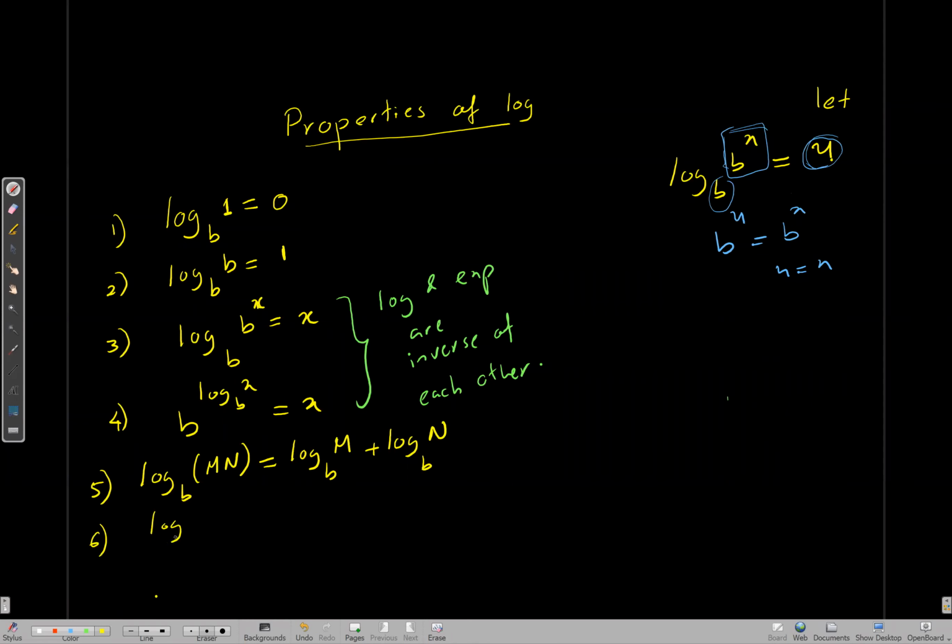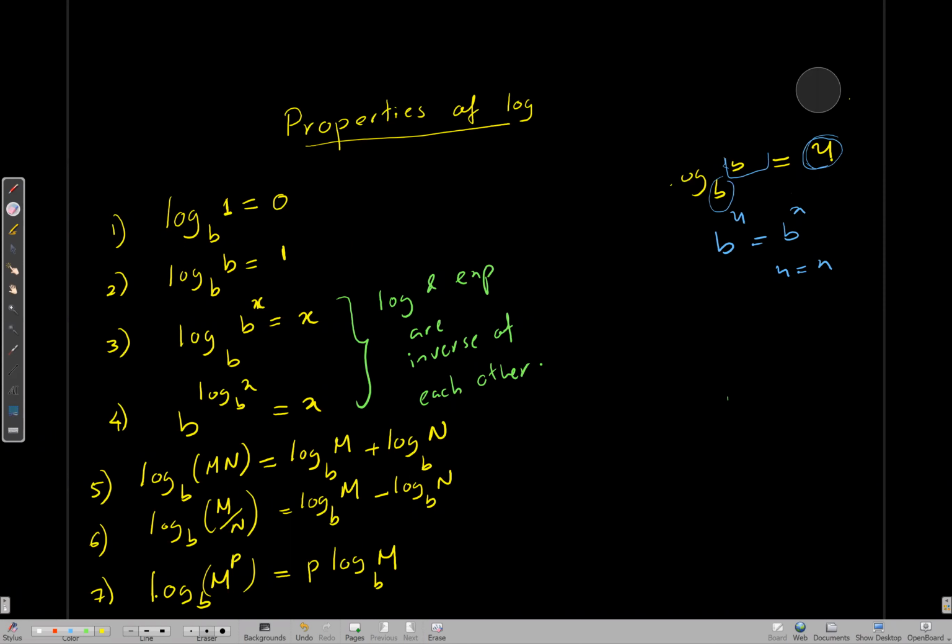Log base b quotient rule, that is going to be log base b of m minus log base b of n. And finally we have the power rule, log base b of m raised to p, then you can simply take that p forward. So p times log base b of m.